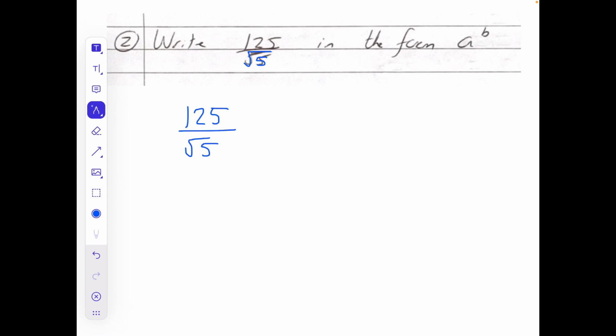Now, if you just try for a second and put that into your calculator, you're going to get out 25 square root of 5, which does not look like our answer. They do not want you using a calculator here.